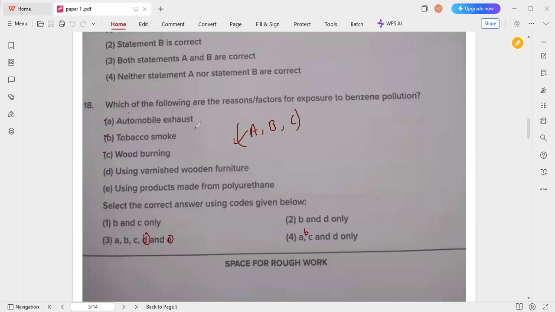I think this question will be given grace marks because A, B, C are the actual answer. So just cross-check with the question. I will hold this particular question. Okay, so now move on to the next question.